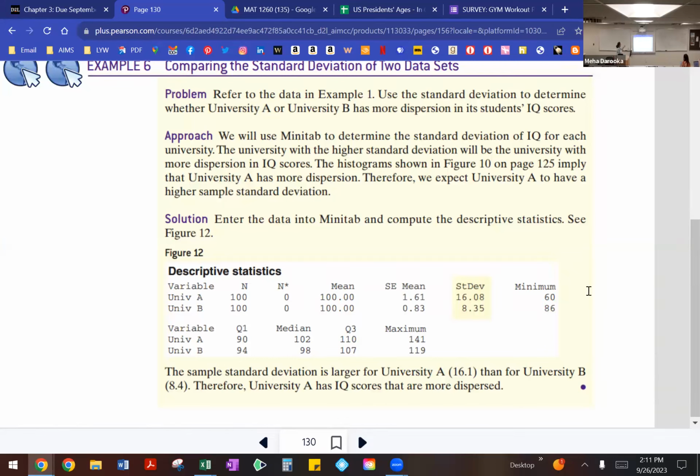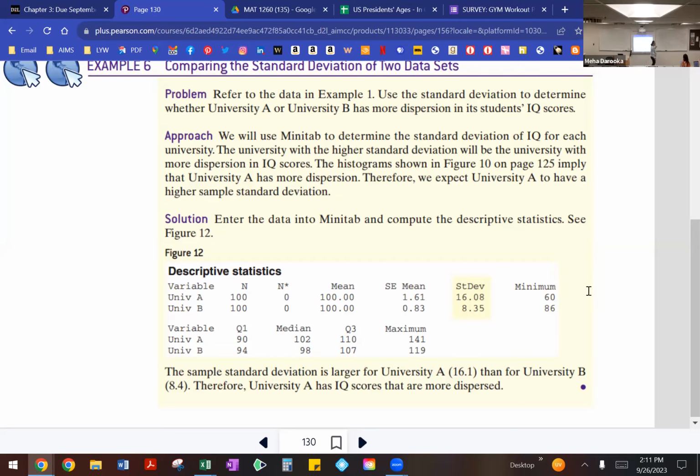In this case, you can see they used a different technology, the MINITAB, but you can see their calculations here. We've got their mean for the two universities. You can see we have their standard deviation. Now, since the mean was the same, it doesn't really tell us much, right?